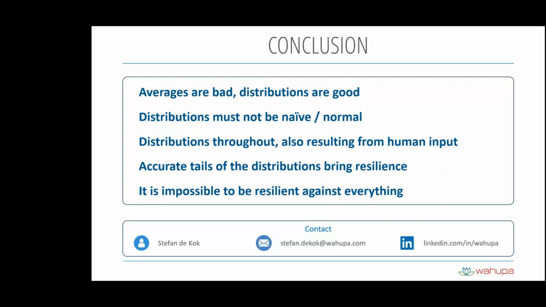If you were China, you couldn't. You were the first to be struck and you had no way of knowing what was coming, right? So it's impossible to be truly resilient, but you can be resilient up to a degree, and that degree is basically dependent on how far back in history you are willing to go and grab data and determine these distributions.